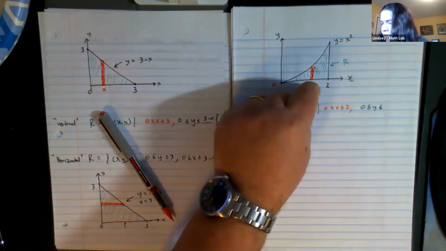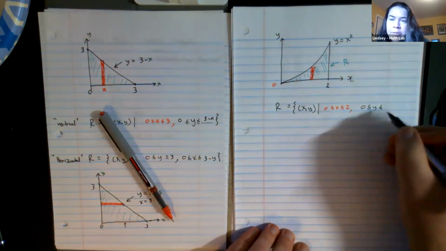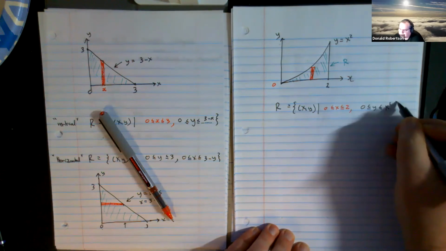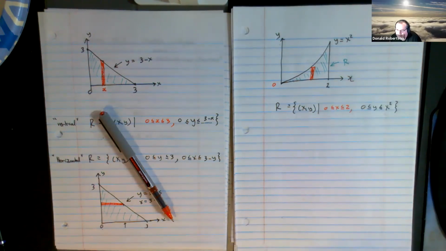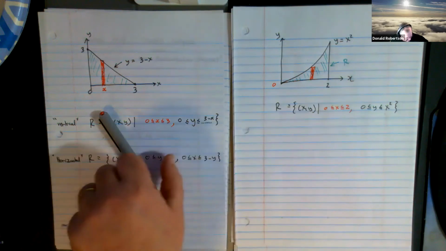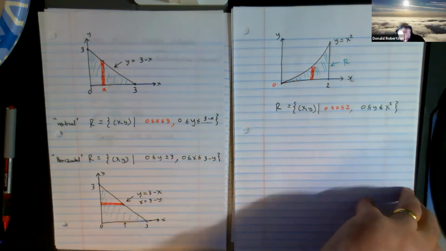Just x squared, right? Yes. So we've now described that region using vertical rectangles. Are we good? Right, now I'm going to come back to that question, but not yet.